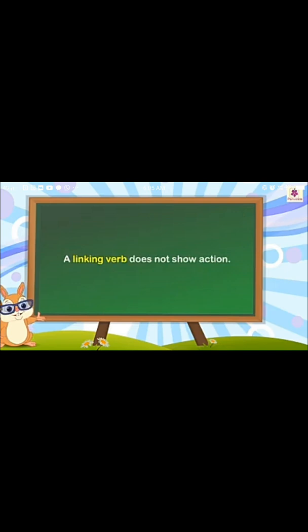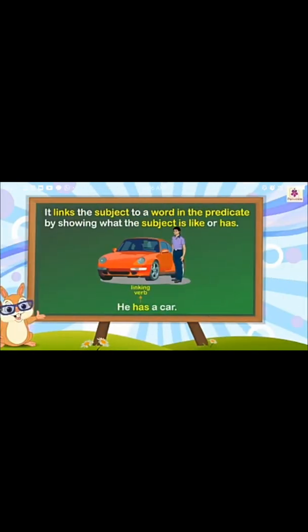Now we have a further type of verb, which is linking verb. It doesn't show action, but it shows a link. Let us see. A linking verb links the subject to a word in the predicate by showing what the subject is like or what the subject has. Now let us see an example. There is a man standing near the car.